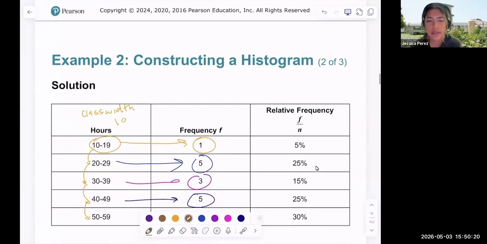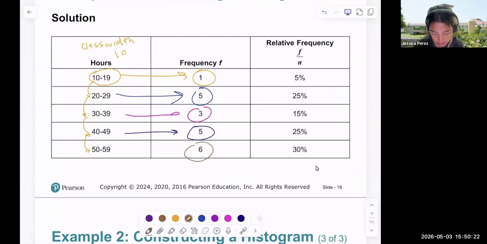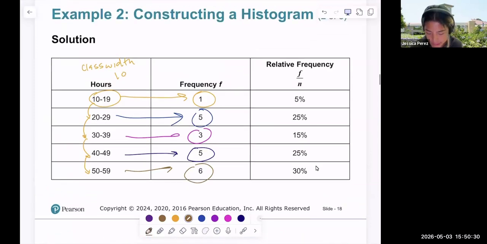I miscounted. And that can happen as well. So then we notice that I have the frequencies 1, 5, 3, 5, and 6. Then the relative is 1 out of 20, 5 out of 20, 3 out of 20, 5 out of 20, and 6 out of 20.